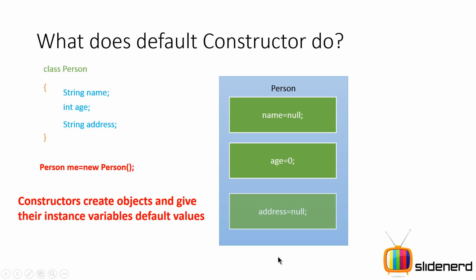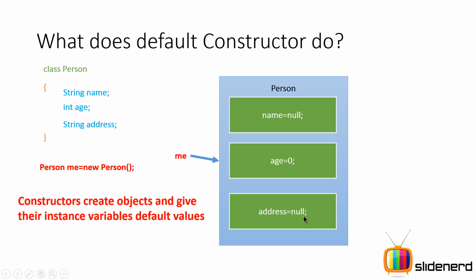So let's take a look at this. Here your me object points to the Person object that was just created with the statement Person me = new Person(), where me is on the left hand side, new Person() is the object on the right hand side, and the default values: name is null, age is 0, address is null, have been given.